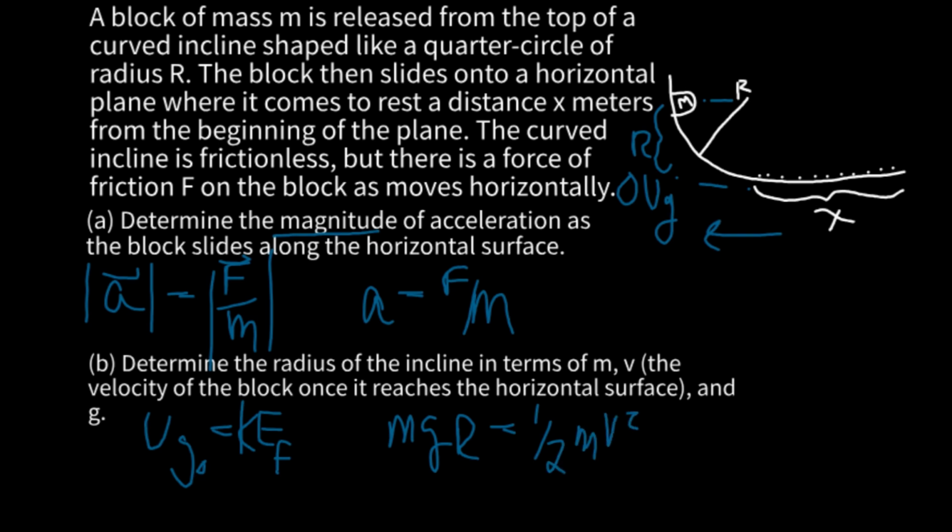Our m's cancel, and basically you can see that we're being allowed to use a variable that we don't need. That doesn't mean we're doing it wrong just because you don't use all the variables. So now we can say that r equals v squared divided by 2g. So that will conclude this video.